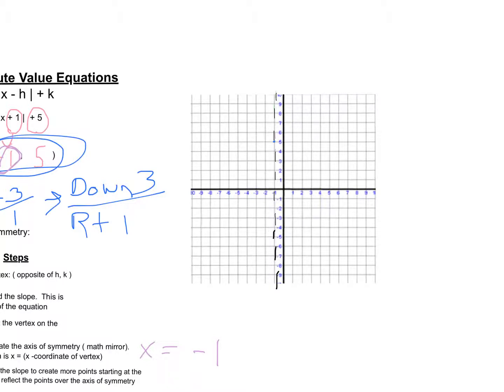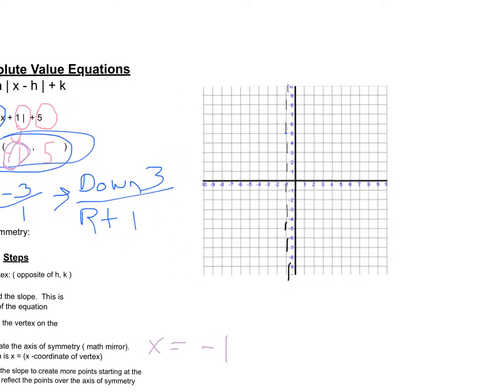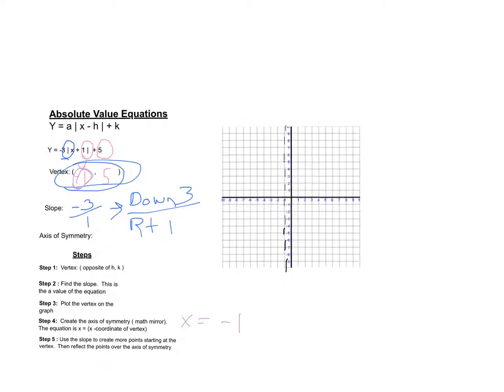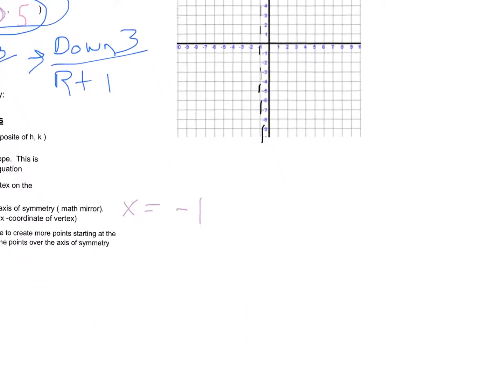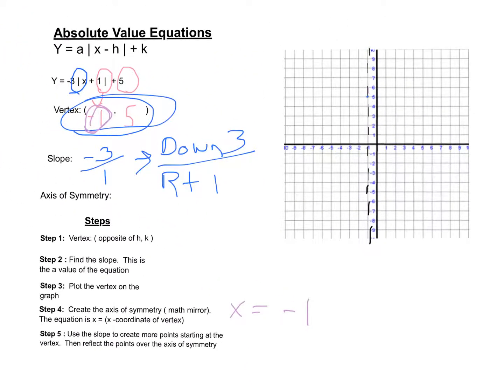Now I'm really messing it up, huh? There we go. Let me change these colors because they don't look so good. Actually, we had dark blue before. Well, that'll work.